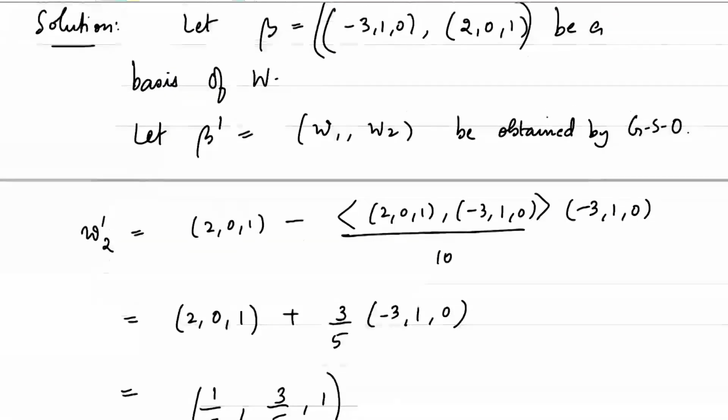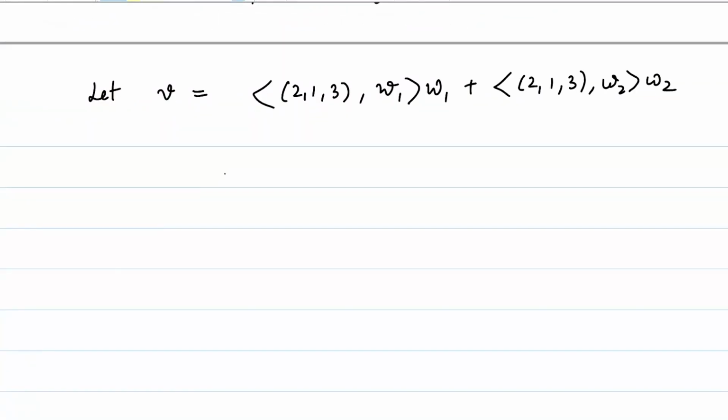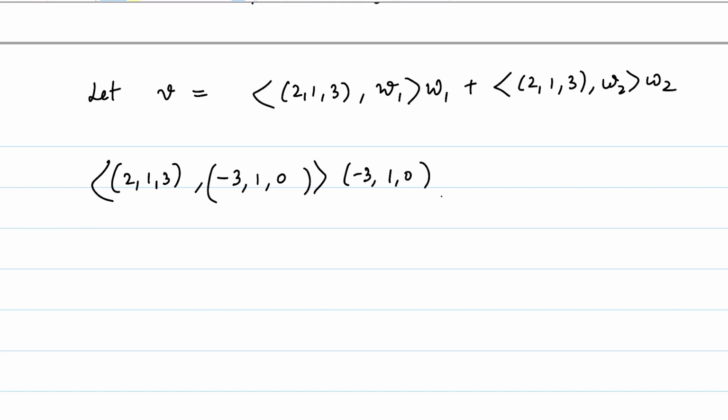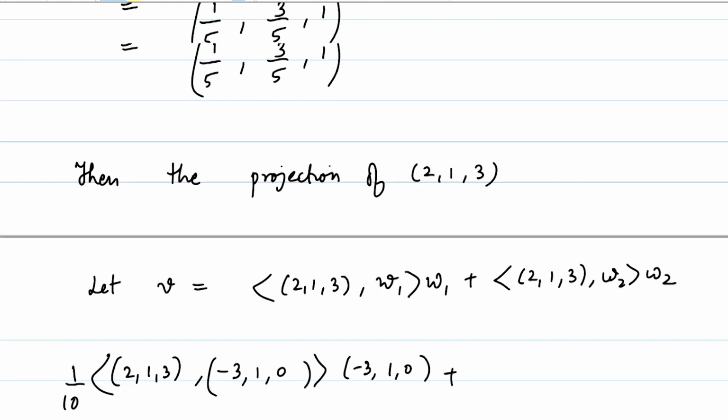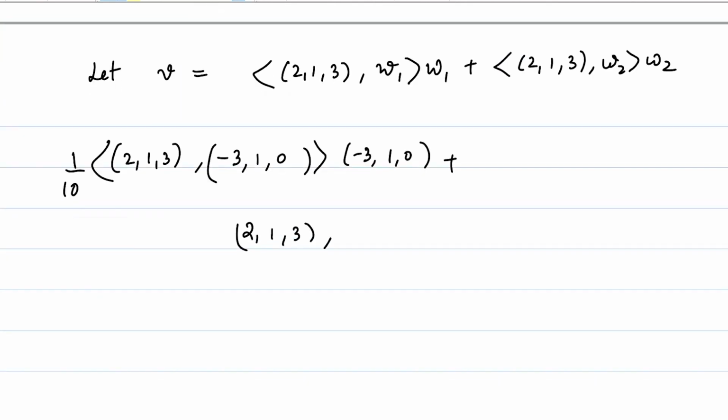So here the first vector is (-3, 1, 0), so this is going to be the inner product of (2, 1, 3) with this, times (-3, 1, 0). The normalization has to take place. Let me write it here, 1 by 10, plus (2, 1, 3), and what was the new vector that we got? (1/5, 3/5, 1).